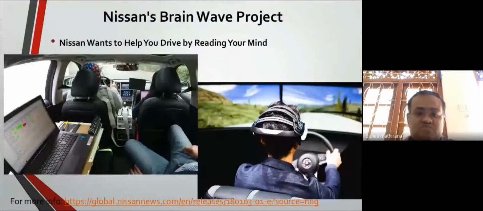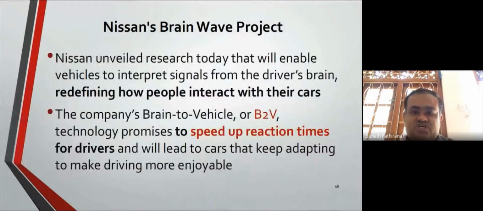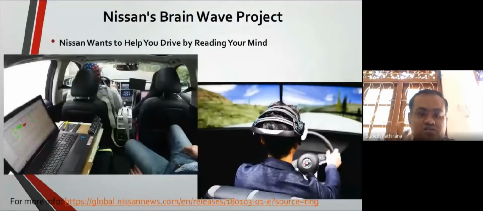For example, the simulations for driving training programs. The Nissan Motor Company recently introduced a brainwave project to design better control systems, for example, to speed up the reaction time of drivers. They are studying how the thinking pattern changes while driving.